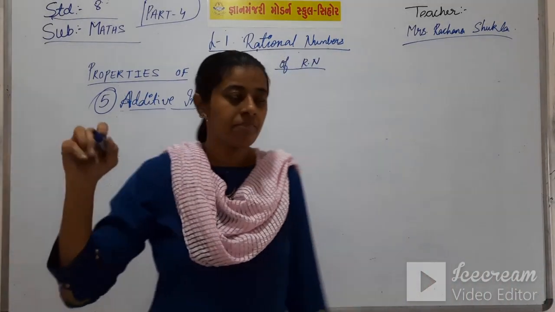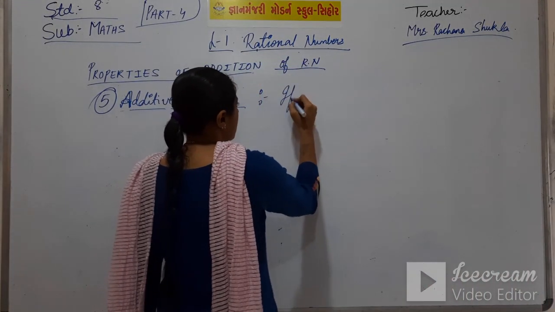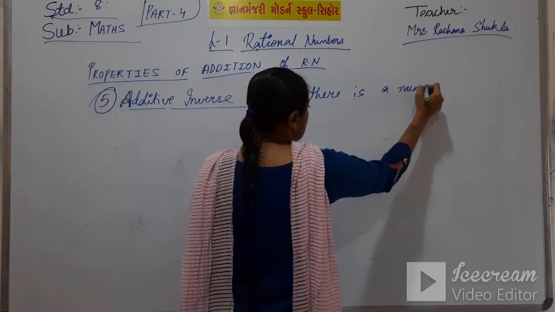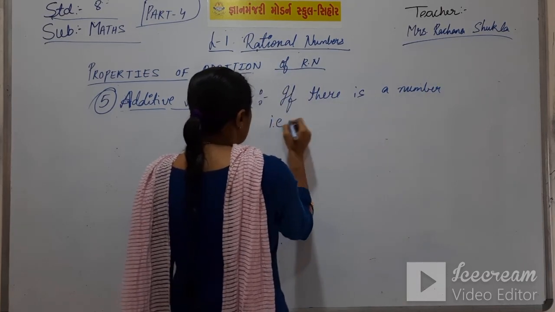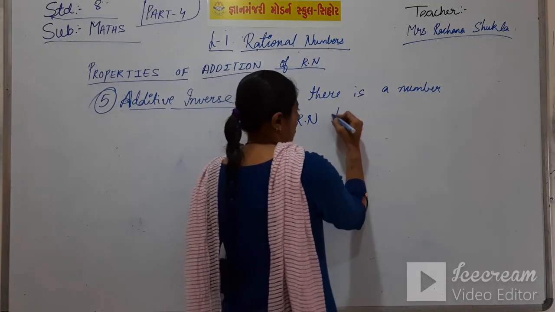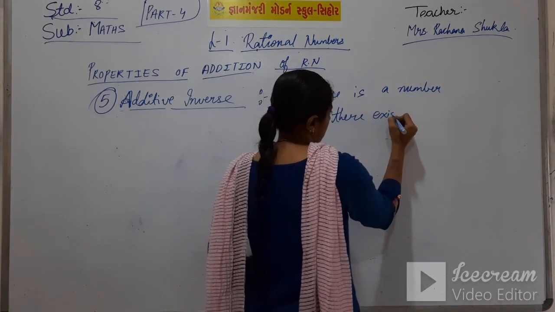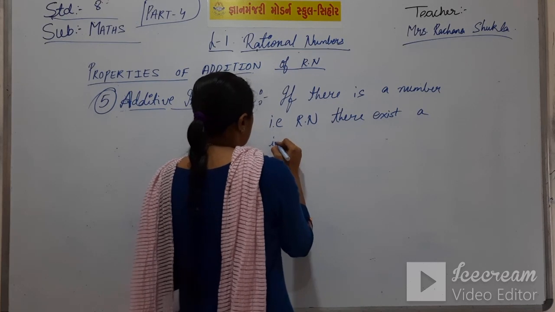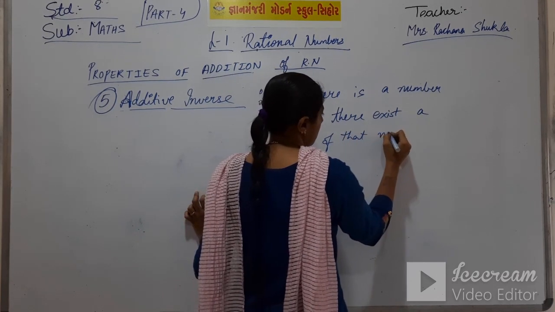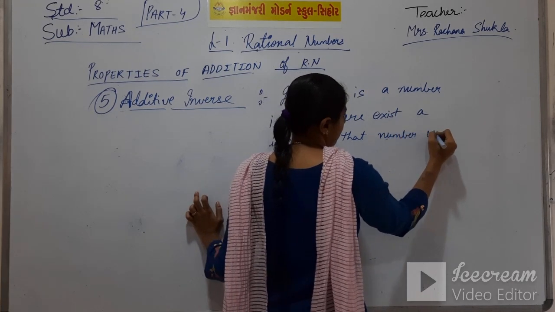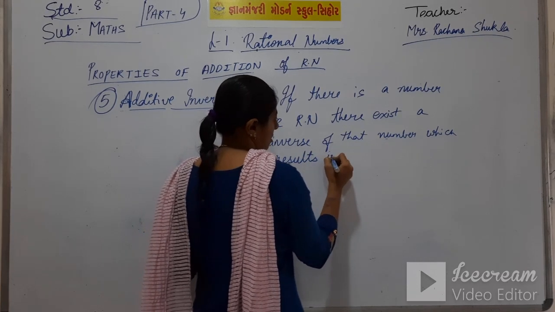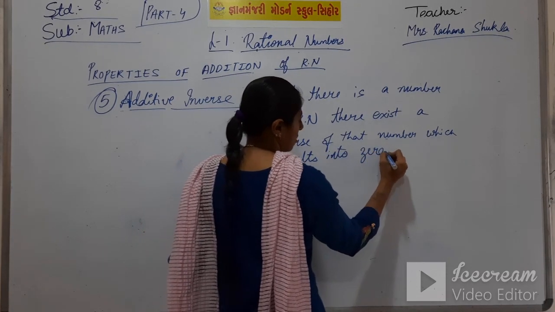For any rational number there is an inverse of that number which results in 0.